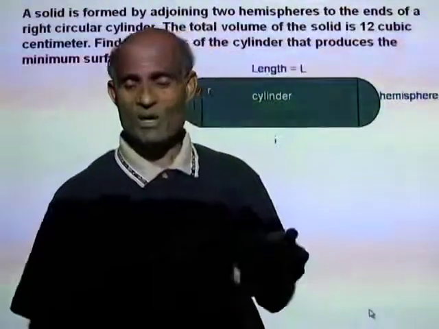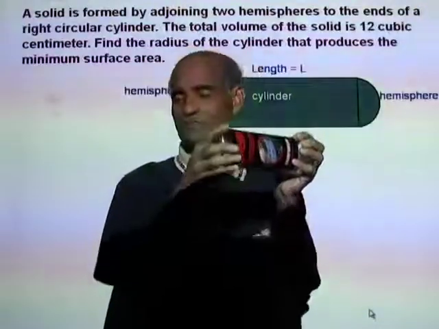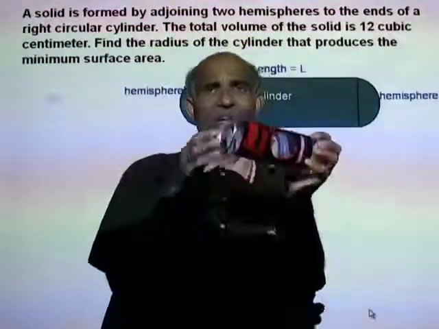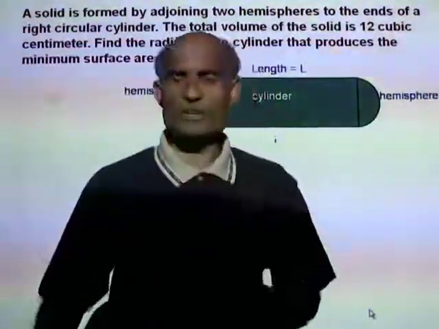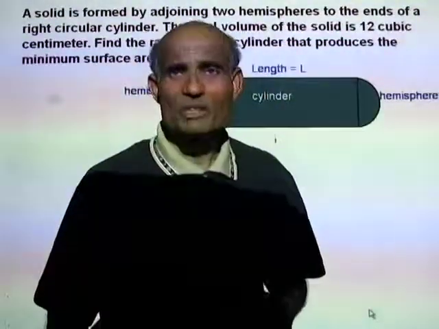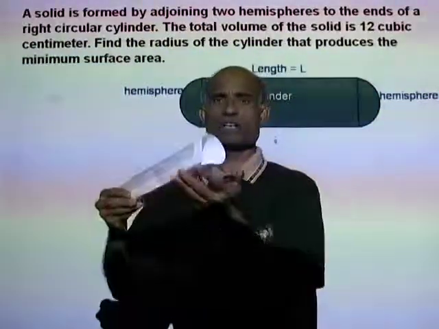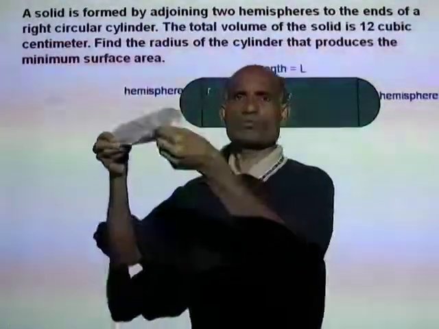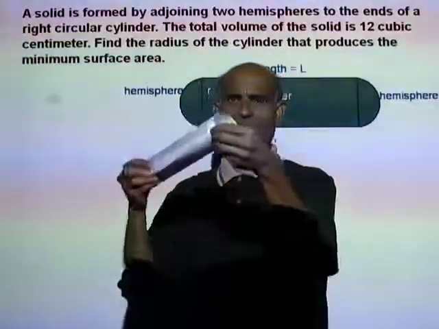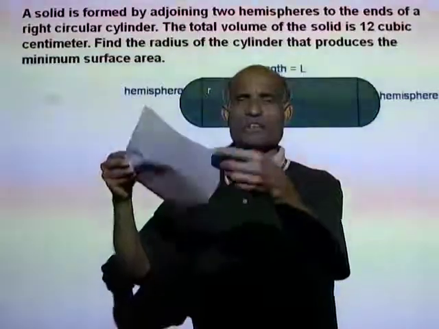Alright, tell me, what is the surface area of a right circular cylinder? You see, if I open up the cylinder, what will it look like? It will be flat, like a piece of paper, is that right? This is a right circular cylinder, and if you open it up, it is a flat sheet.